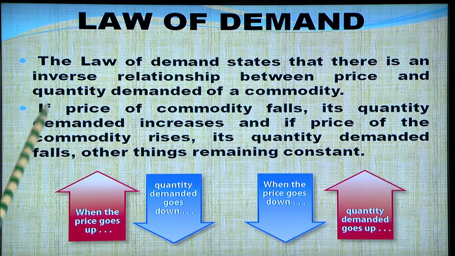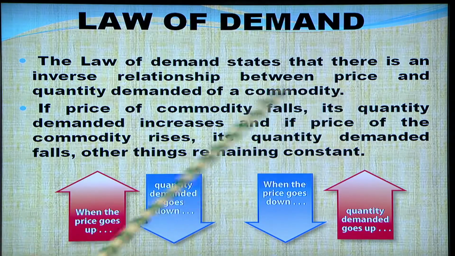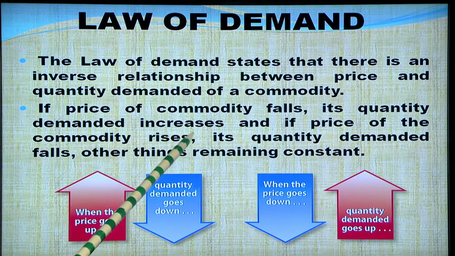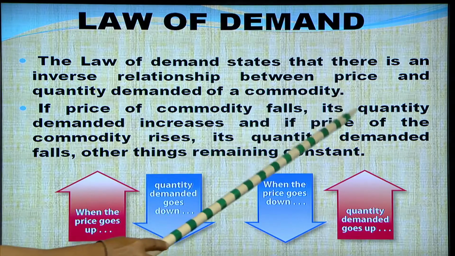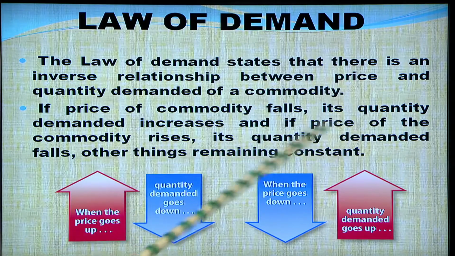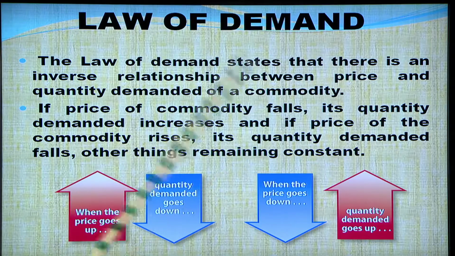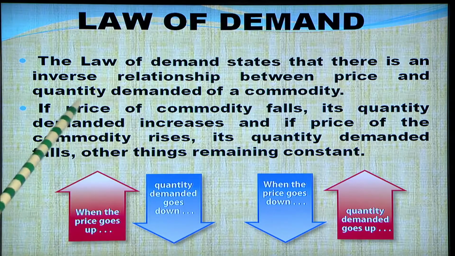That is, if the price of a commodity falls, its quantity demanded increases, and if the price of the commodity rises, its quantity demanded will fall, other things remaining constant. This has also been shown with this diagram.